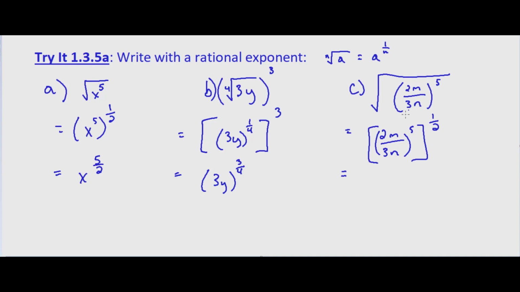And then again, exponent to an exponent, we're taking what's inside to the 5th power, and it's all being taken to the 1/2 power. We multiply the exponents. 5 times 1/2, that's 5/2. So this is going to end up being 2m over 3n to the 5 times 1/2, which is 5/2.